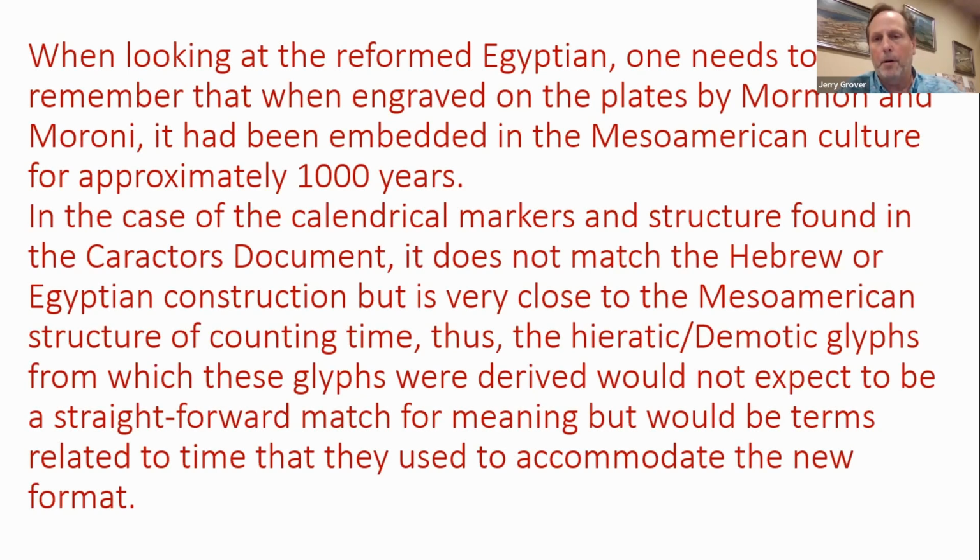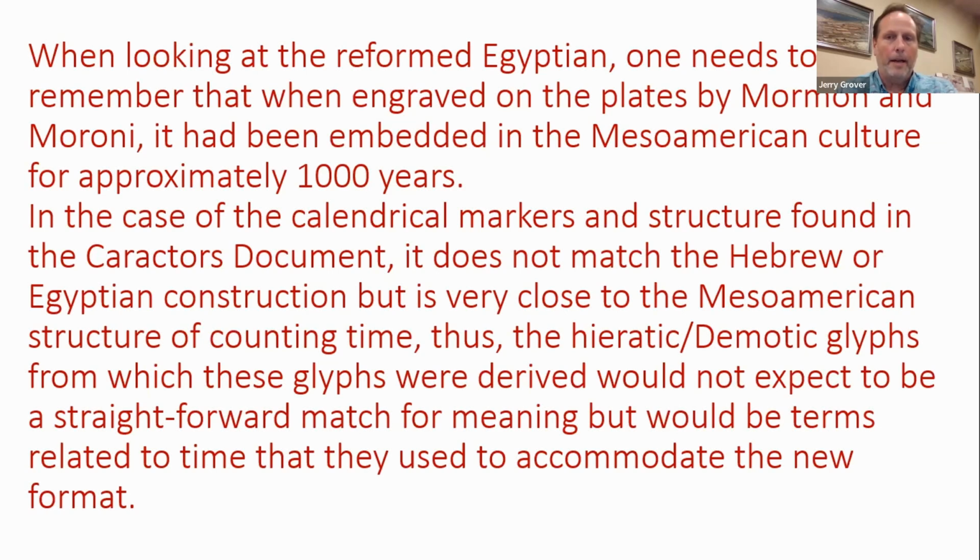In the case of the calendrical markers and structures found in the characters document, unlike the numbers, which had pretty straightforward glyph forms from hieratic, the Hebrew and Egyptian construction wasn't originally accommodating of the Mesoamerican structure.